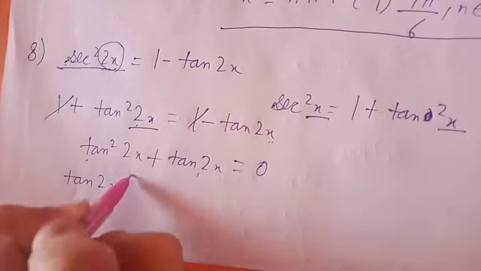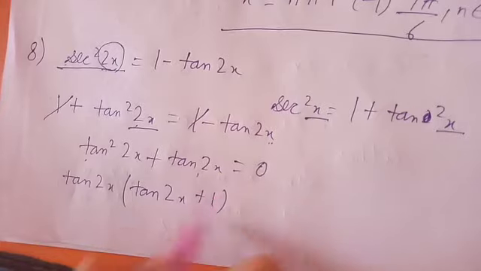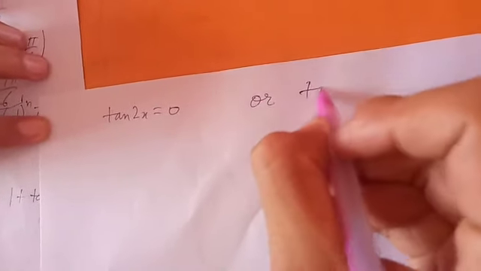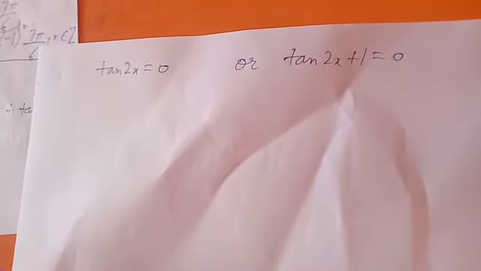Taking tangent 2x common, here remains tangent 2x and here plus 1, that is equal to 0. Now to make this equation 0, either tangent 2x will be equal to 0 or tangent 2x plus 1 will be equal to 0, or either both of them. Any case is possible.